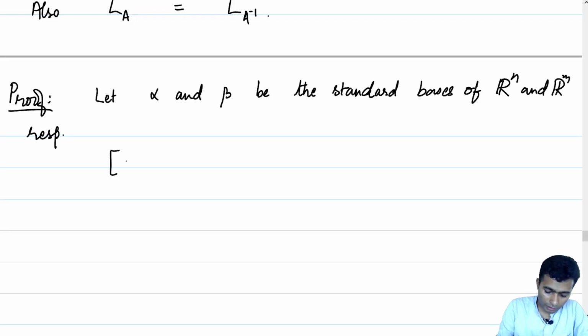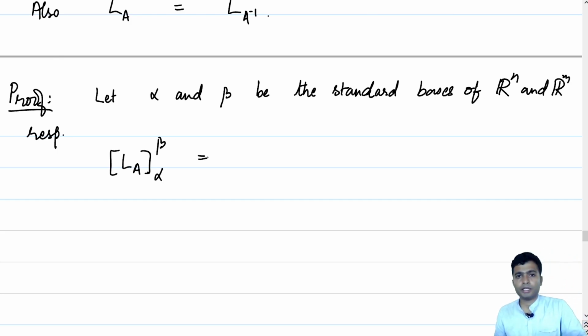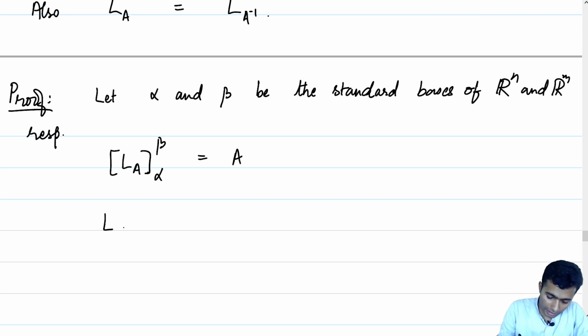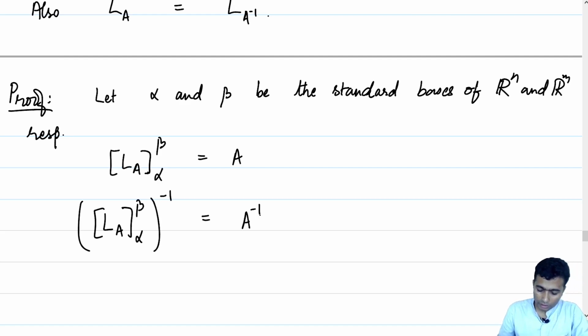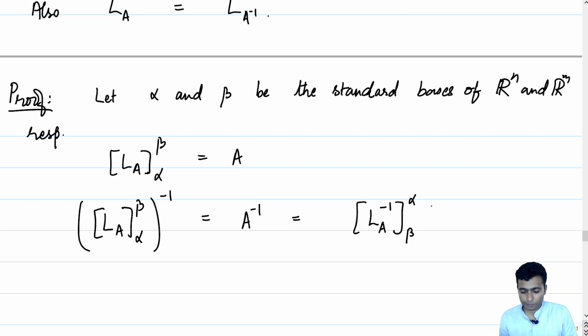It just boils down to checking that with respect to the standard basis, the matrix of LA is just A, and the previous theorem tells us that the matrix inverse of LA alpha beta, which is equal to A inverse, is equal to LA inverse beta alpha by the theorem we have just proved.